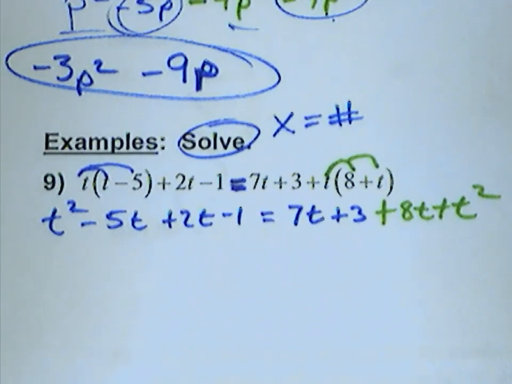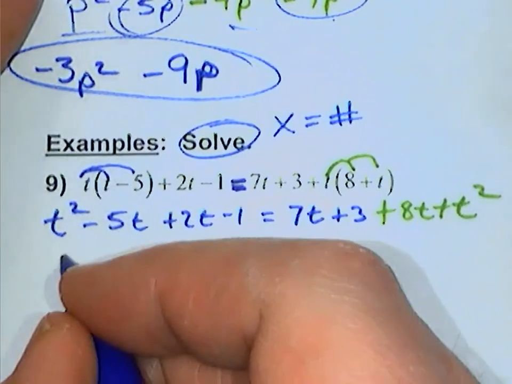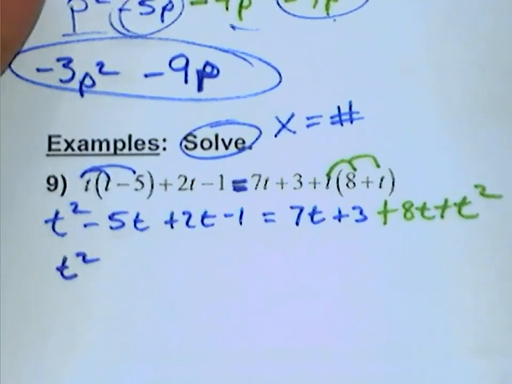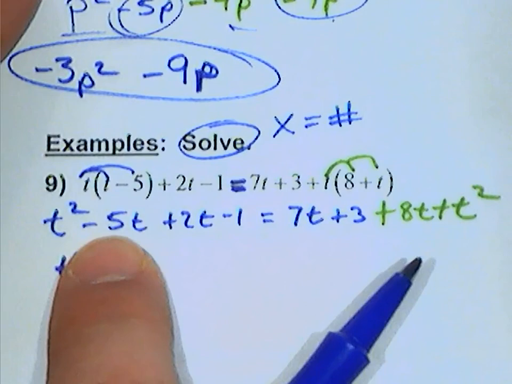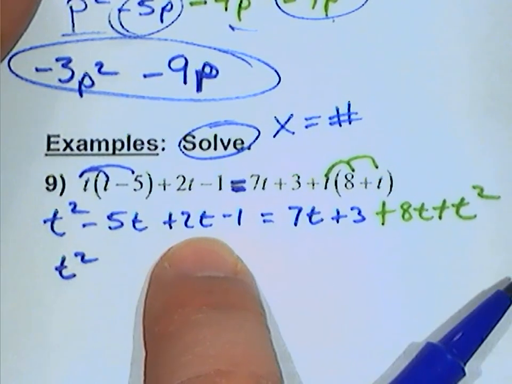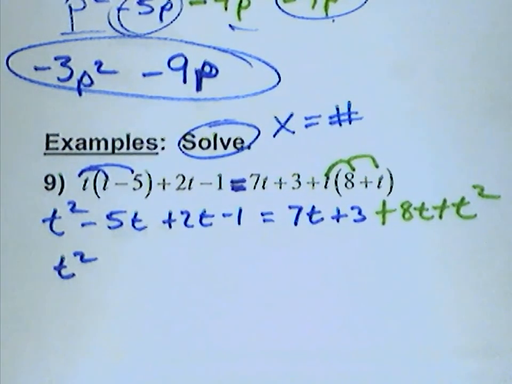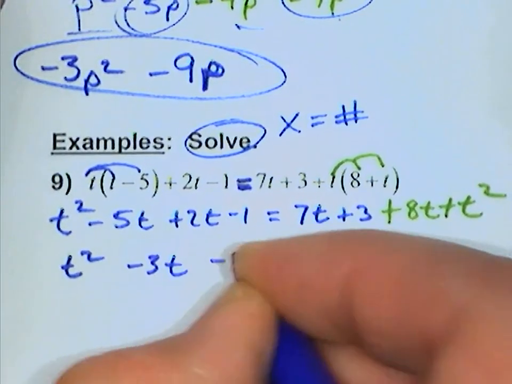Now this can be cleaned up a little bit, so let's combine our like terms on each side. So over here I've got a t squared, and let's clean up this side. This is negative 5t plus 2t. What is negative 5 plus 2? When it's on the same side, combine those like terms. That's negative 3t, very good. And then minus 1.